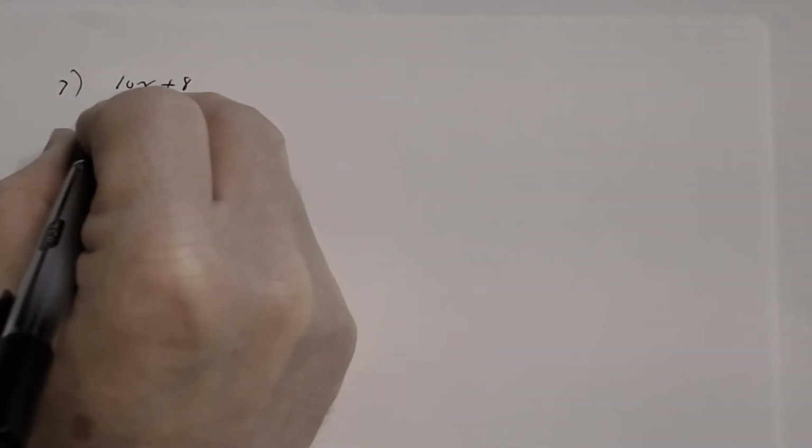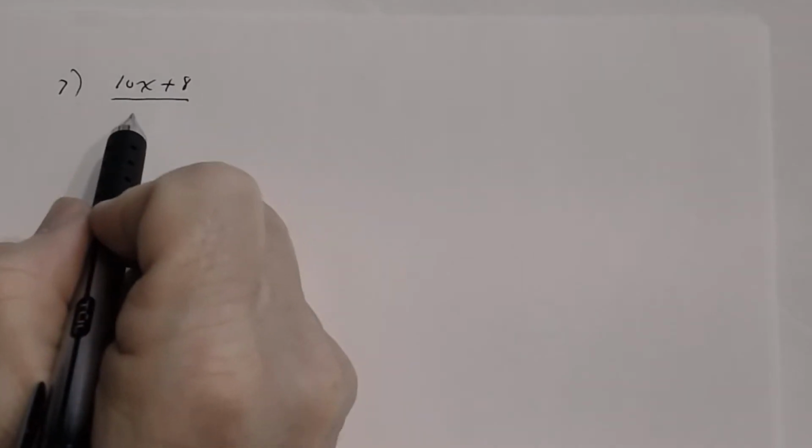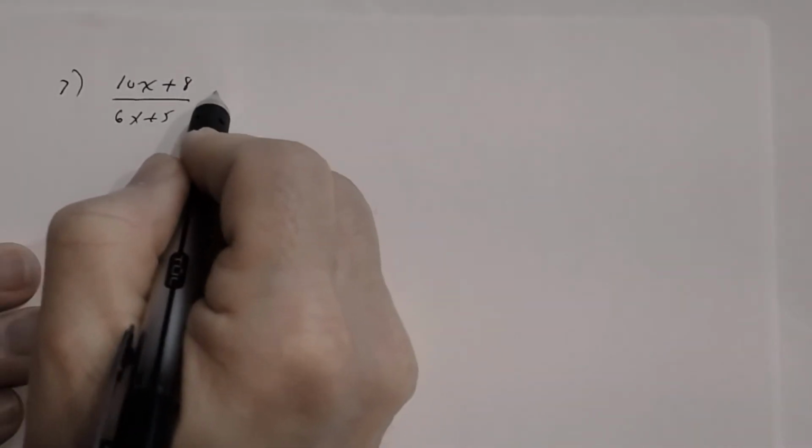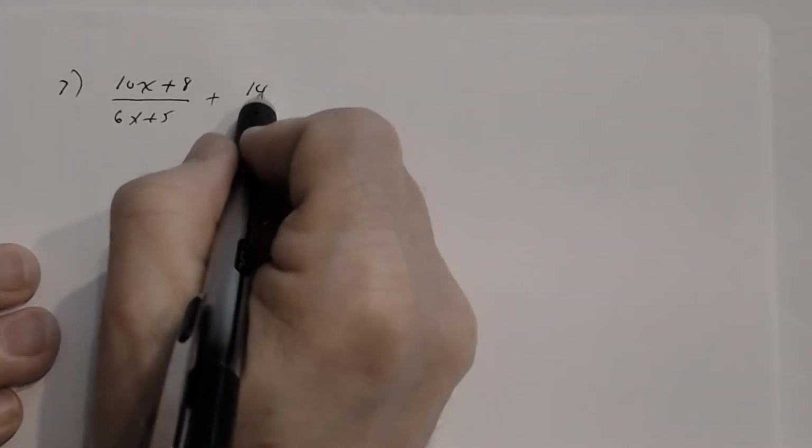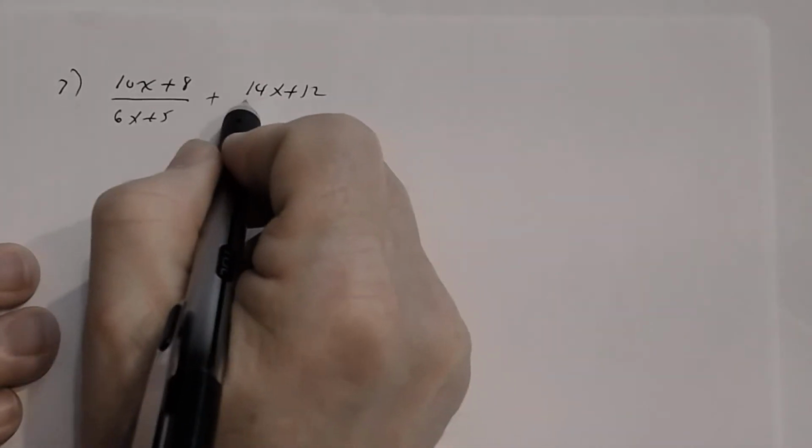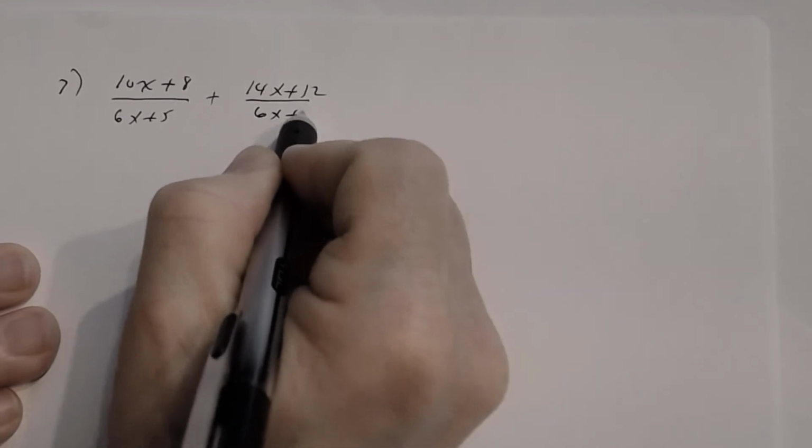All right, number 7. Let's suppose we had 10x plus 8 divided by 6x plus 5, and you're adding that to 14x plus 12 divided by 6x plus 5.